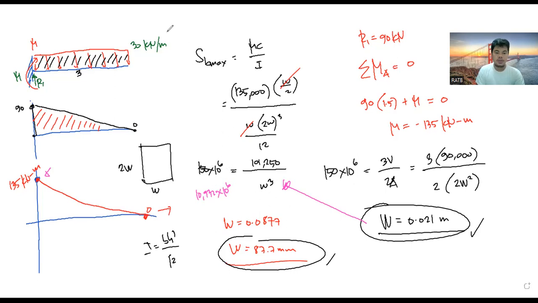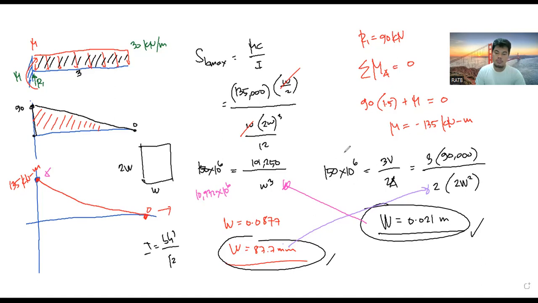Also assuming that we use this width, 87.7 mm, in this equation, that's 3 times 90,000 divided by 4 times 0.0877 square.